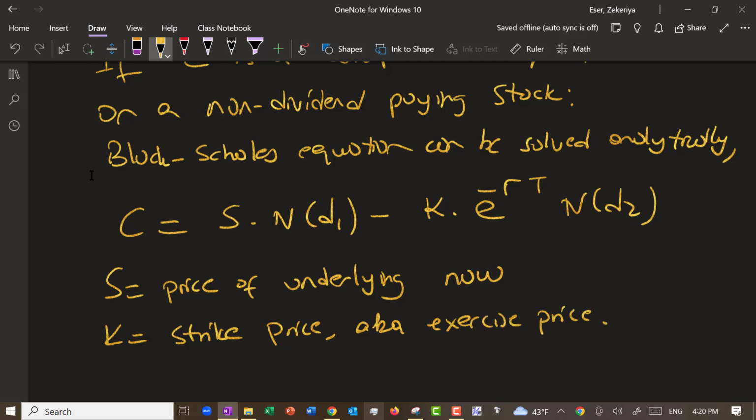If you're into American baseball, you pretty much know why I picked K. Because in baseball, a strike is represented by a K. R is so-called... let me write T first. T is time until expiration expressed in years.